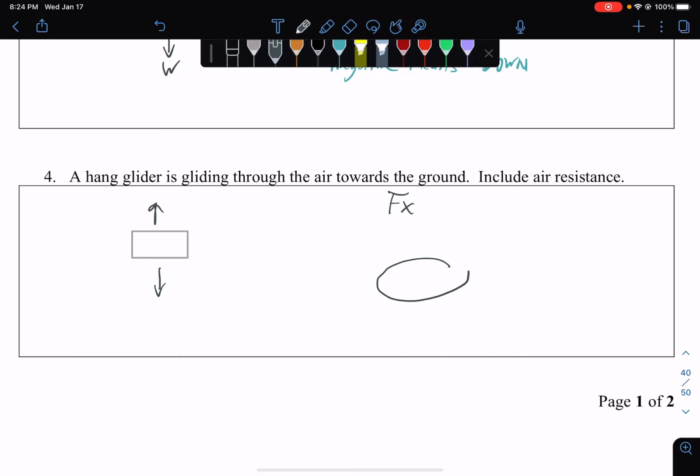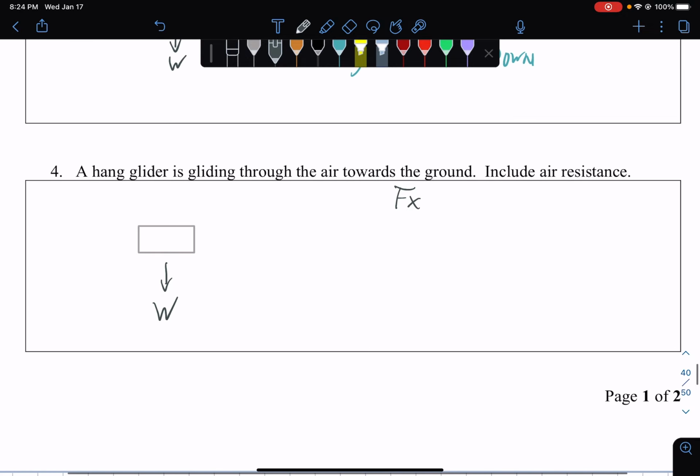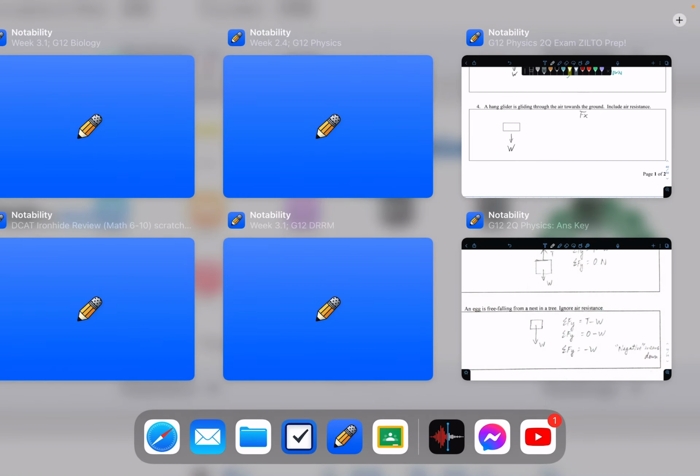But then there is action in the x-axis. We're just not sure about what we do with the friction. So this is the weight. Well, we don't have any strings attached from above, so air resistance, what does that mean?